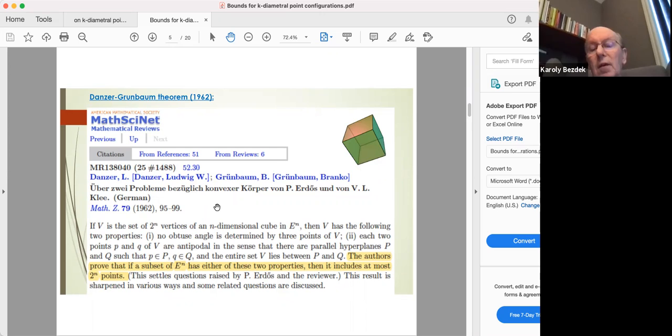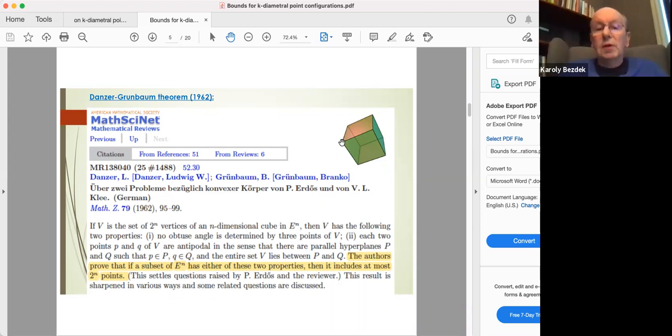And this is a sharp result, because if you take a cube in n-dimensional space, it has 2^n vertices. And it is not hard to see that no matter how we choose any 2 vertices of a cube, they lie on 2 distinct parallel supporting hyperplanes. In fact, one can take an affine cube for this purpose.